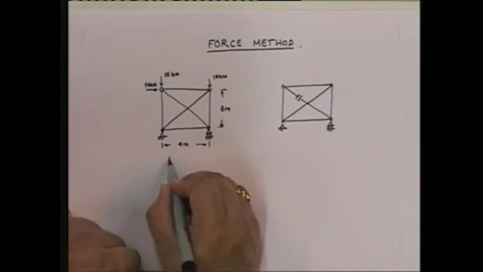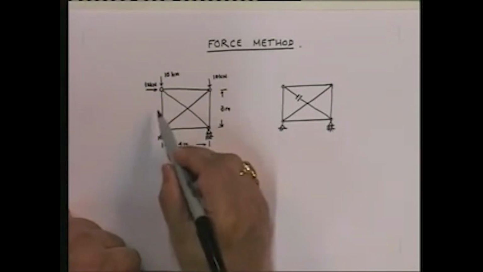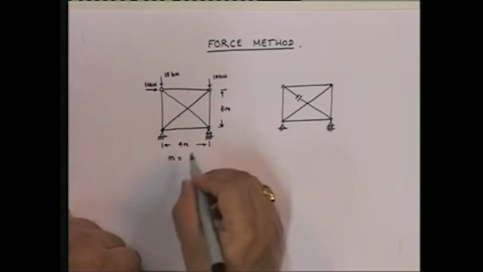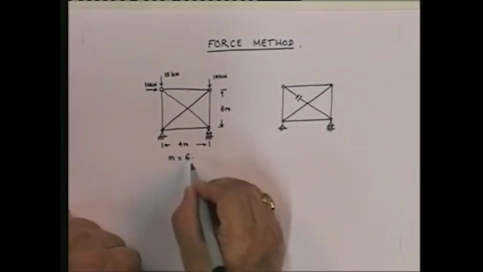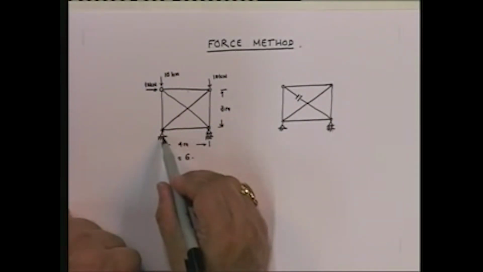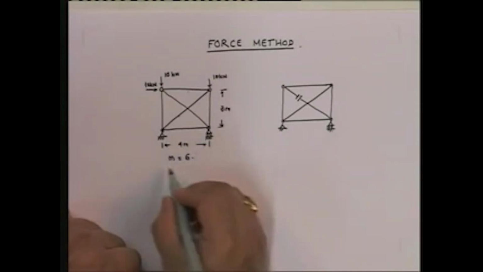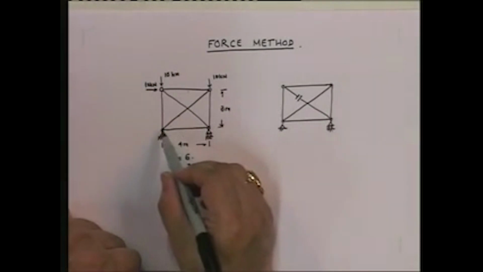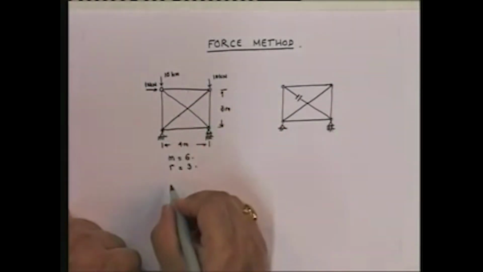Number of members, 1, 2, 3, 4, 5, 6. So 6 members. Number of reactions, 1, 2, 3. Number of joints, 1, 2, 3, 4.